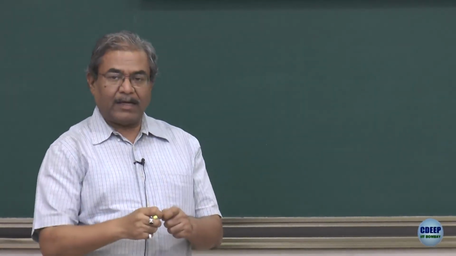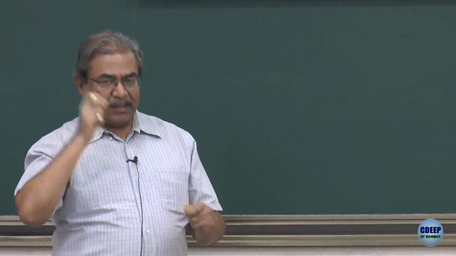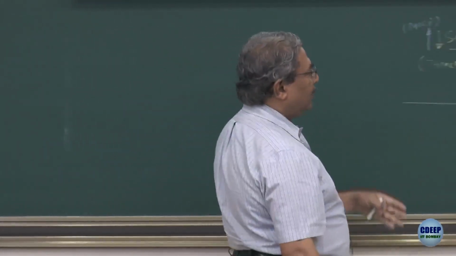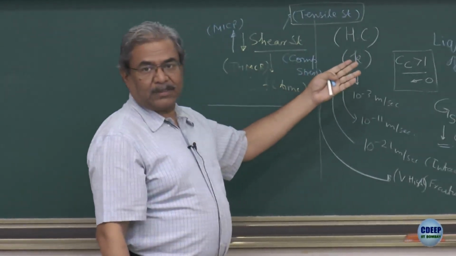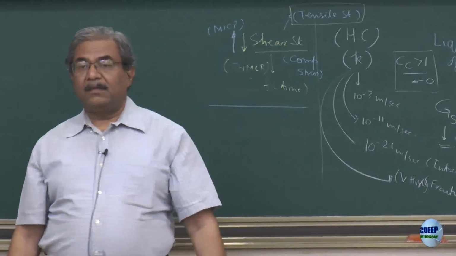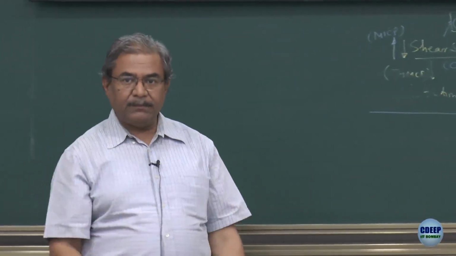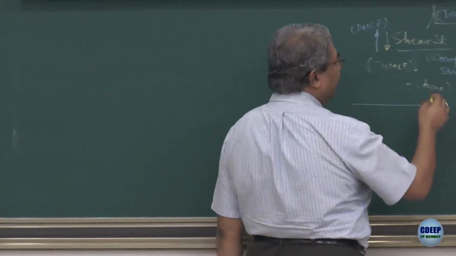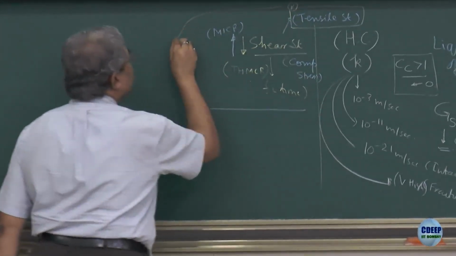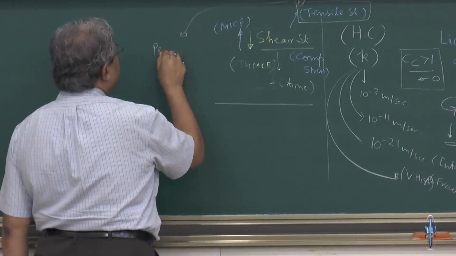You take a steel wire, apply stress and then see the deformation and then plot stress versus strain. That gives you the yield stress and ultimate stress and all those things. How to do it on soils? There are techniques. You make a soil sample and then go for a penetration test. So, one of the types of tensile strength test is a penetration test.